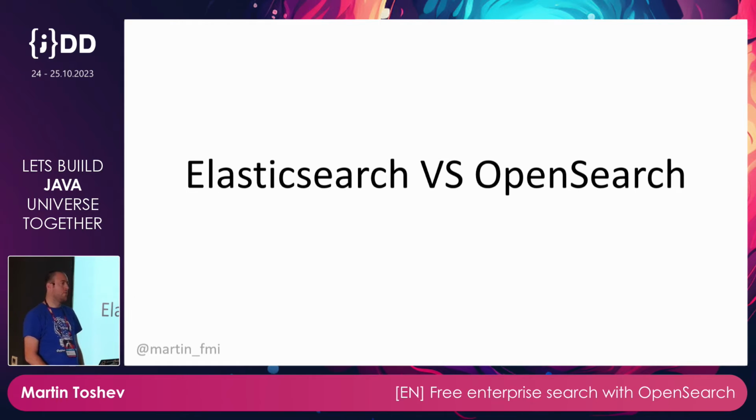But still, if you develop a new project and for some reason you cannot or you don't want to have a license for Elasticsearch, but you still need some of those enterprise features, you can consider OpenSearch, because the majority of capabilities between OpenSearch and Elasticsearch is the same, because OpenSearch was forked from quite a late version of Elasticsearch.